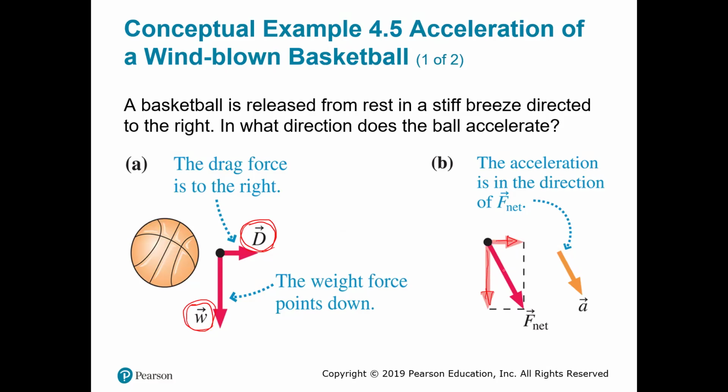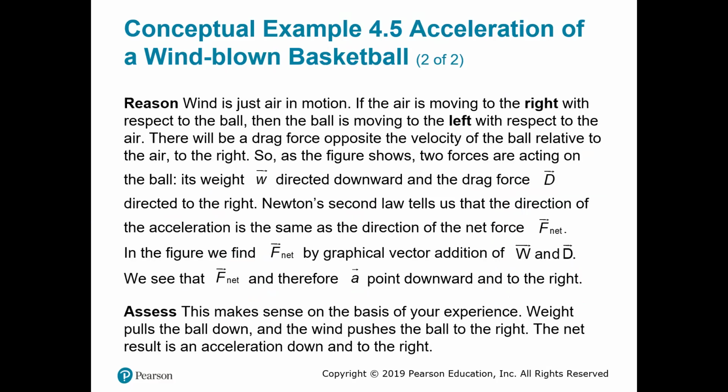Graphically, this is your vector F net. And what is the direction of the ball's acceleration? You see F net vector is a vector times m, right? So that means a and F have the same direction. So F and a have the same direction, right? So to the southeast.